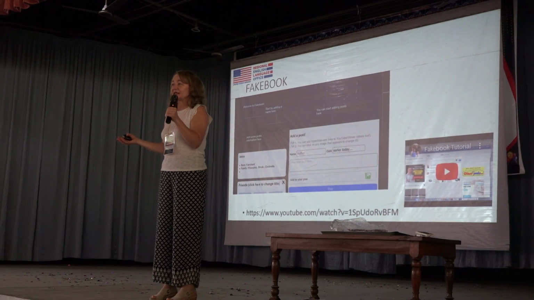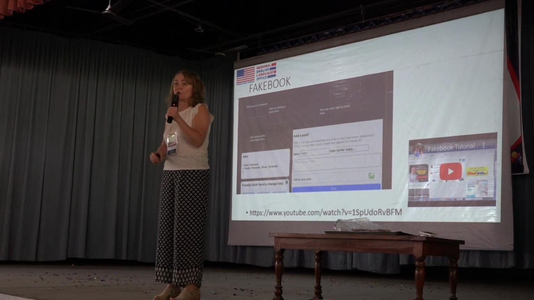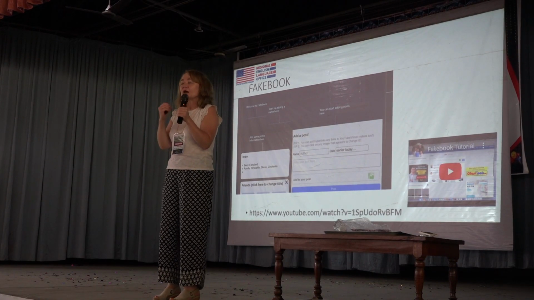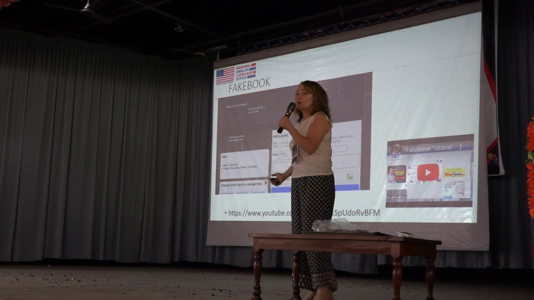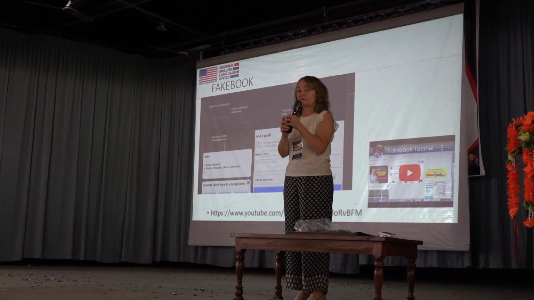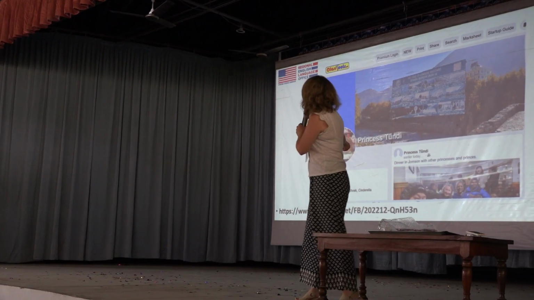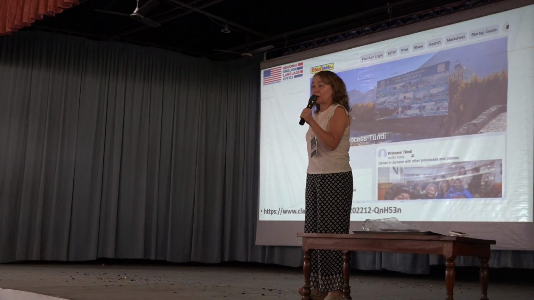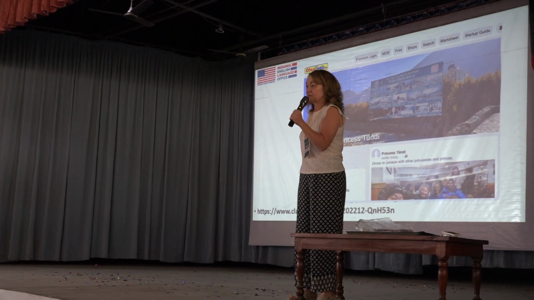You can ask your students to create a fake book for a famous person or for yourself. Lots of language is involved here, because Fakebook will ask you to create a profile and write a summary about a picture. So much language is involved here.